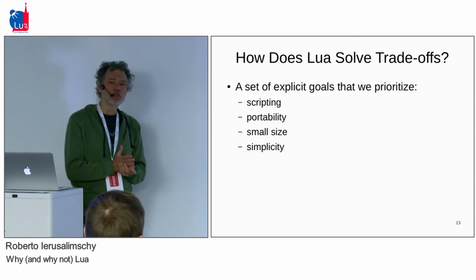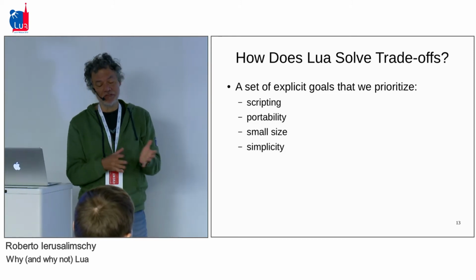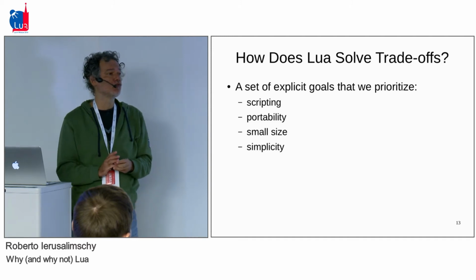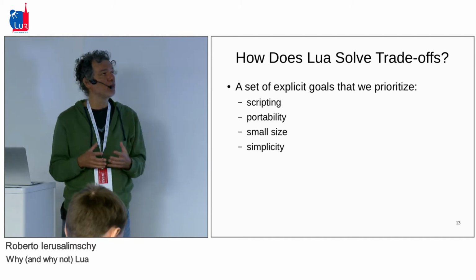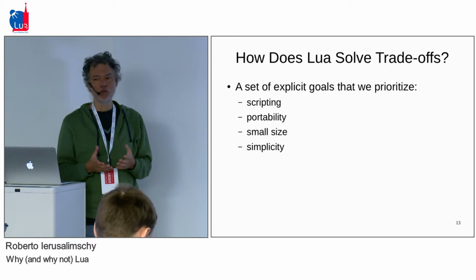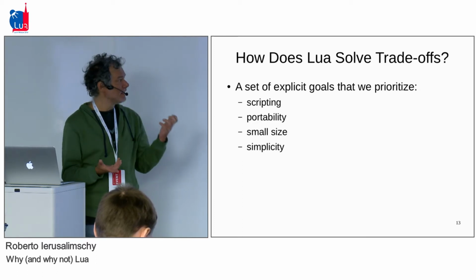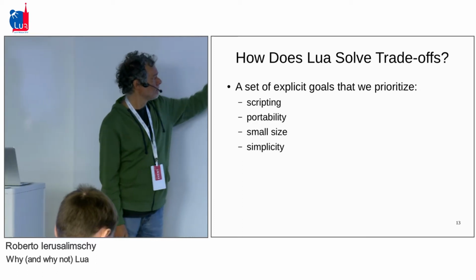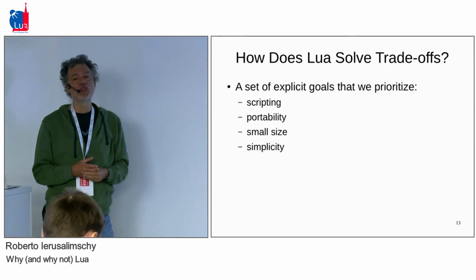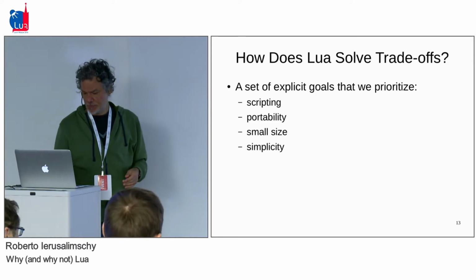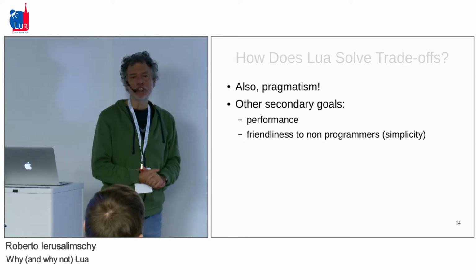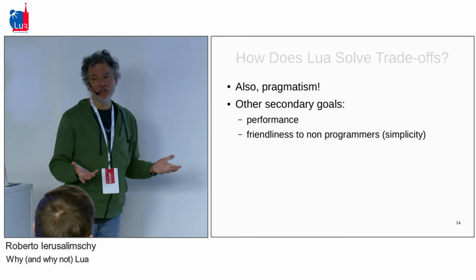So most of the time, not always, we sometimes have all the other goals too, but these are the main goals that we always think about when designing Lua. This is the main concern we have with the language. We have other goals, as I said, but pragmatism.